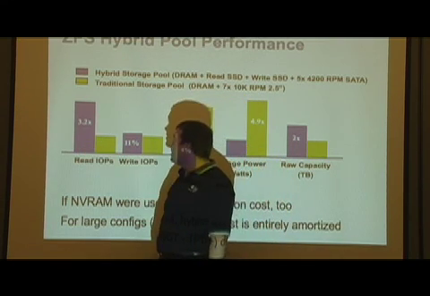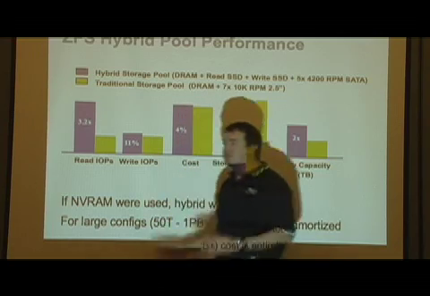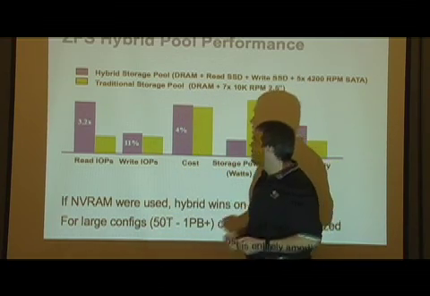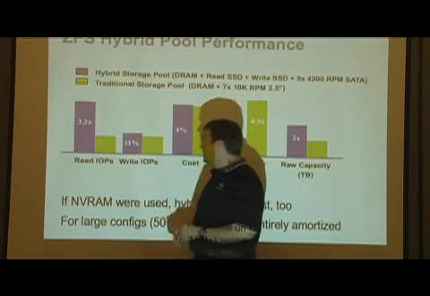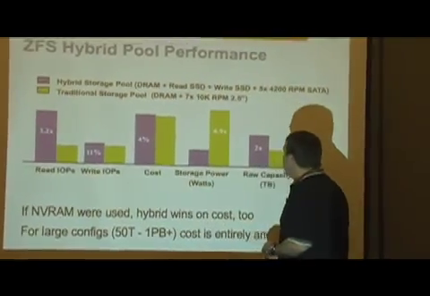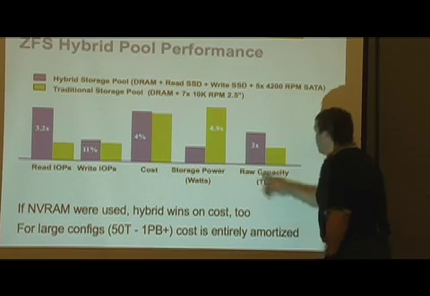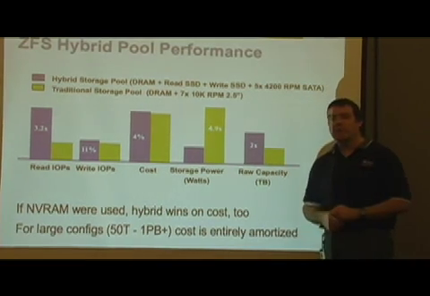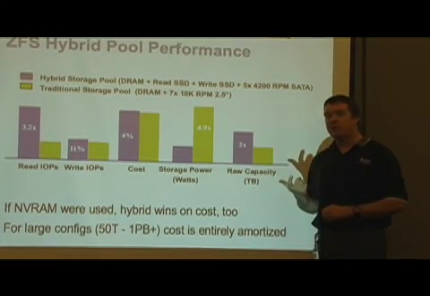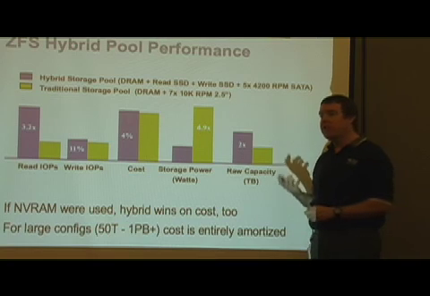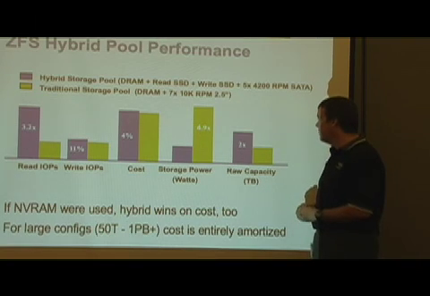However, on the read side, because we're able to drastically reduce the time it takes to read some data, we saw a factor of 3 improvement on this file workload. And not only that, as an added bonus, if you buy now, you actually get 2x the raw capacity, because we were getting those 400 gig SATA drives instead of the 146 gig SAS drives.